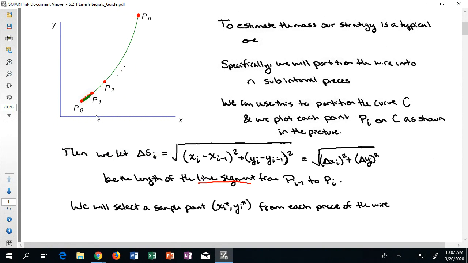So I could go to here and select a particular point, and I could actually measure what the density is at that point.